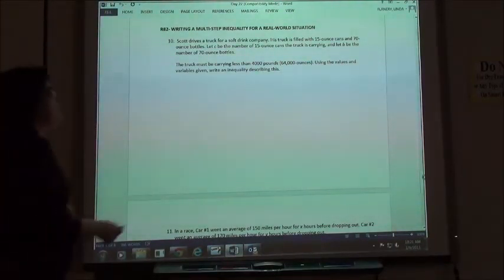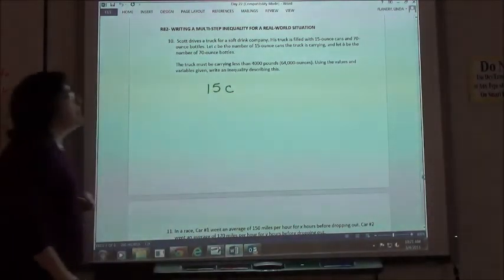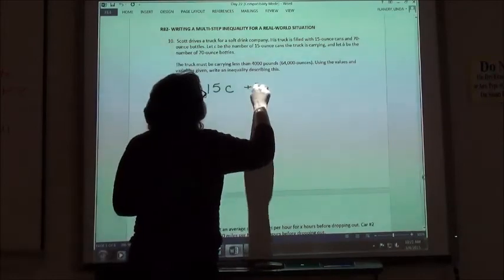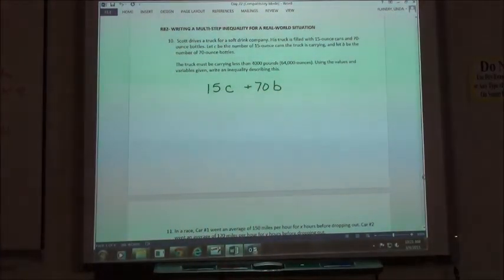So I have 15-ounce cans, so if I take 15 times the number of cans, I'm going to have the number of ounces that I have of cans. I'm also carrying bottles. Each of my bottles is 70 ounces, so if I take 70 times the number of bottles, I have the number of ounces of bottles that I'm carrying. The truck must be carrying less than.